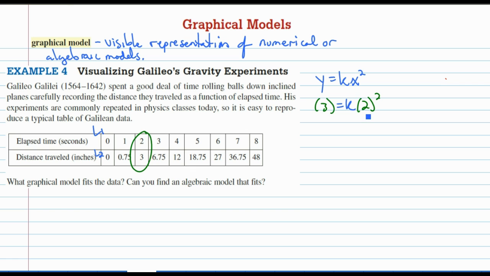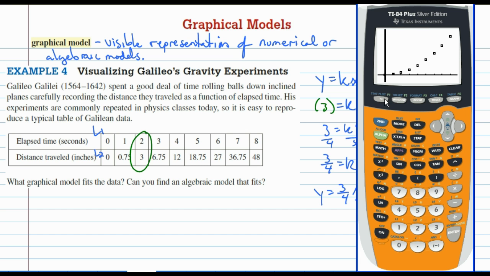So 3 equals k times 4. Divide both sides by 4. So 3/4 is k. Y equals 3/4 x squared should be my parabolic model, my algebraic model that works with my graphical model.